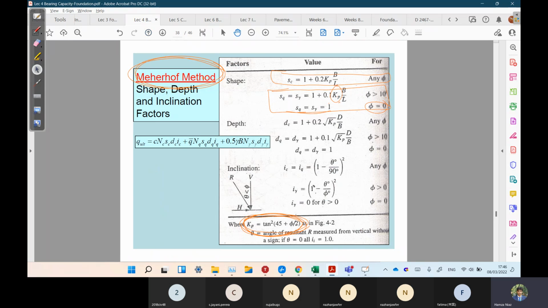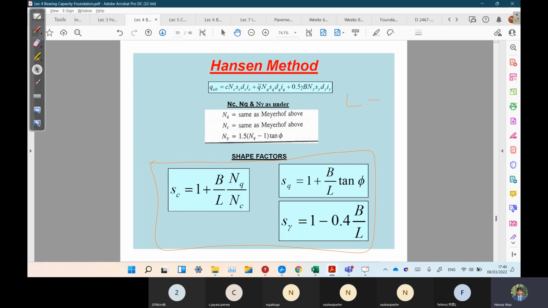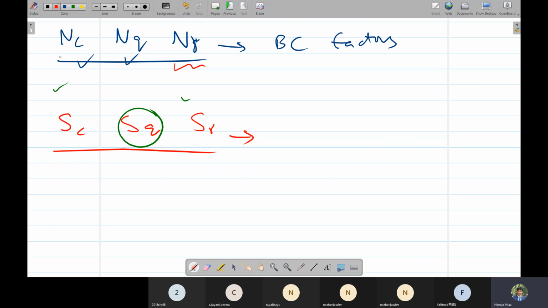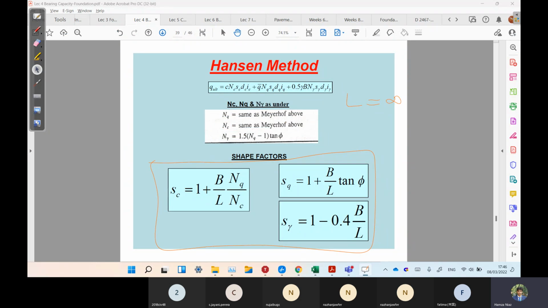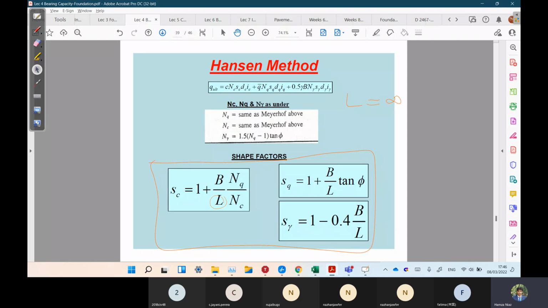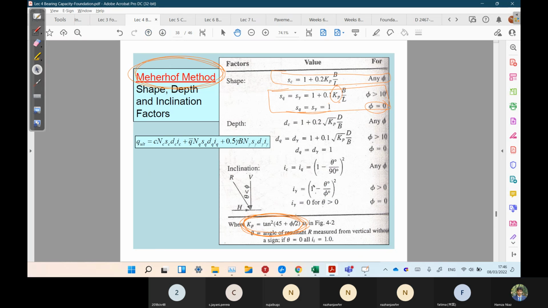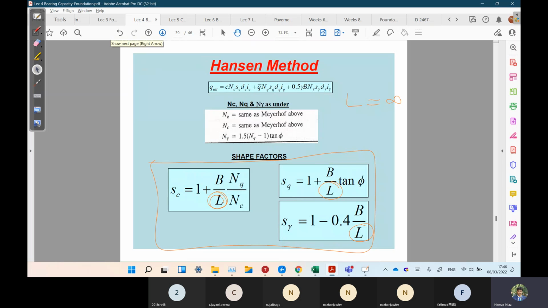For strip footing, we assume that L is infinite, the footing is continued for infinite length. Remember this L is always in the denominator of these shape factors. Since 1 over infinity is 0, the shape factors for a strip footing would be 1 in any case.